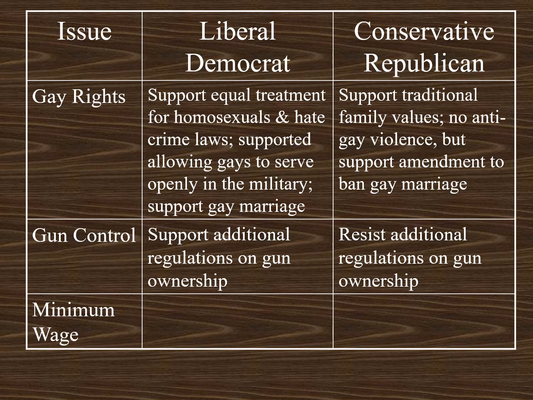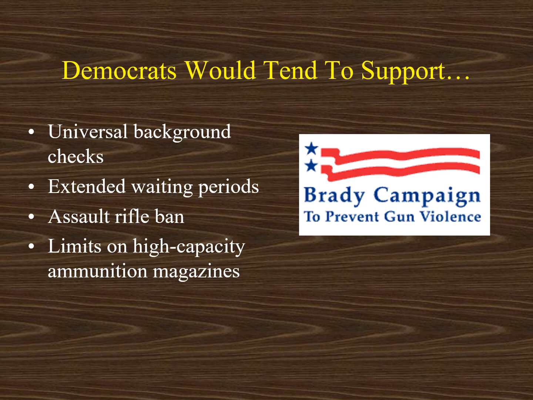Liberal Democrats would take the opposing point of view and would support additional regulations on gun ownership. There are a range of interest groups that promote more gun control. One would be the Brady Campaign to Prevent Gun Violence, and it's shown here. And again, Democrats would tend to support the ideas that are listed here.